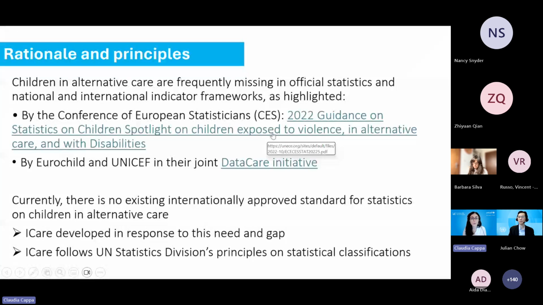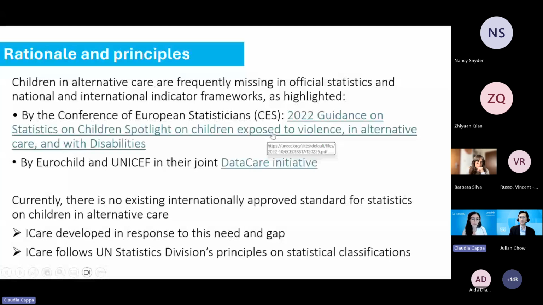This was also stressed in the Data Care Initiative, which is a joint initiative from Eurochild and UNICEF that aimed at reviewing the current data landscape on children in alternative care. So currently there are no internationally approved standards for collecting data on children in alternative care, and the iCare that I'm presenting today was developed in response to this need and gap that was clearly highlighted by member states.